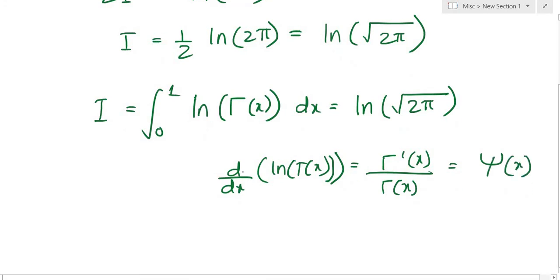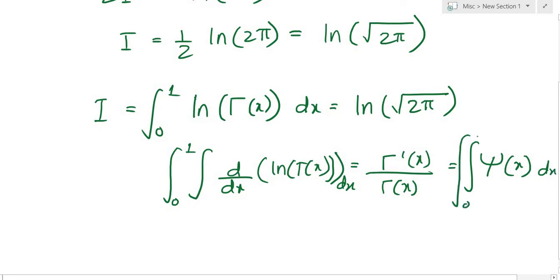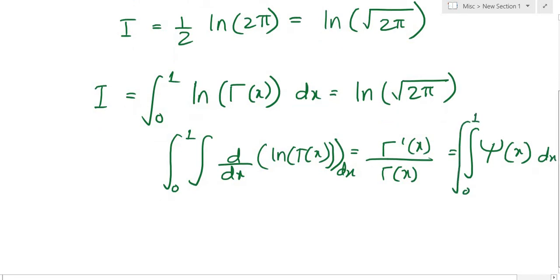So integrating this thing is basically doing one integral to remove this derivative operator, and then another definite integral from 0 to 1. So it's basically some sort of double integral on the digamma function.